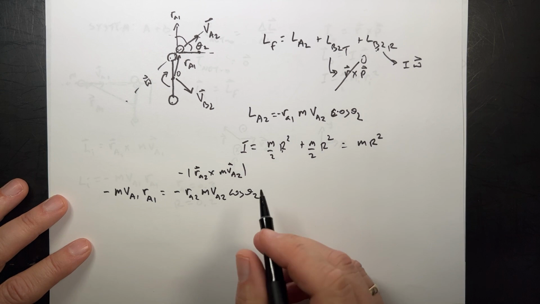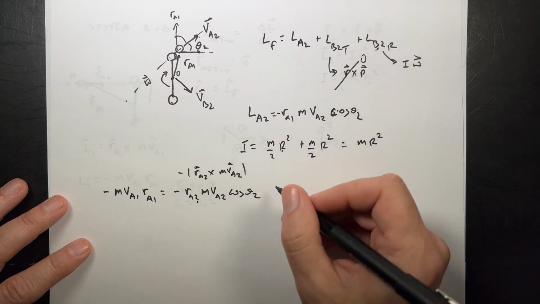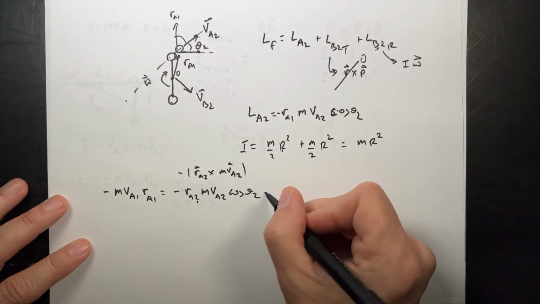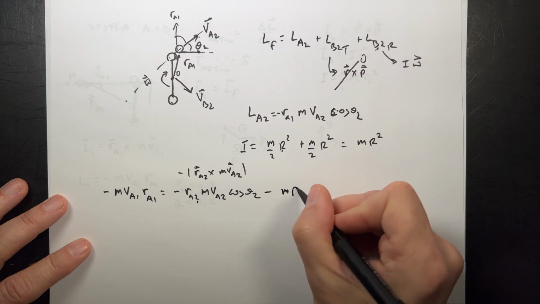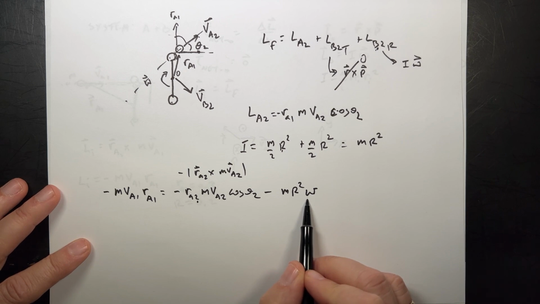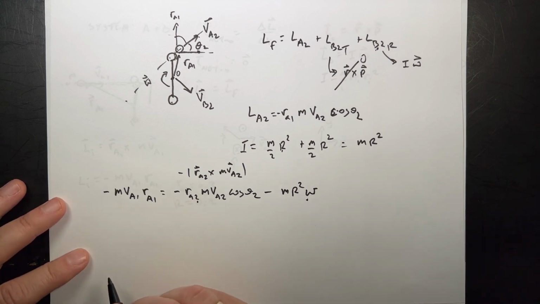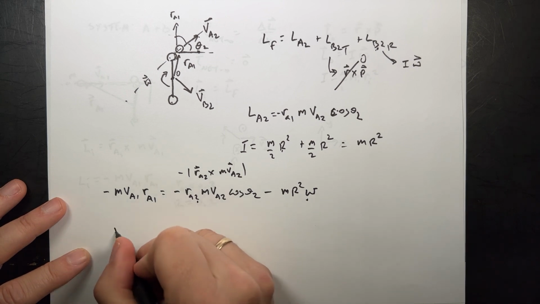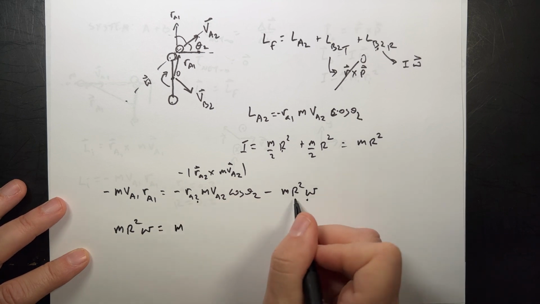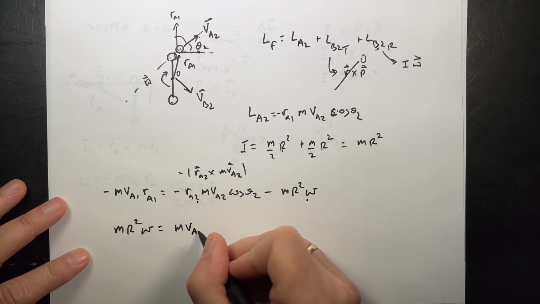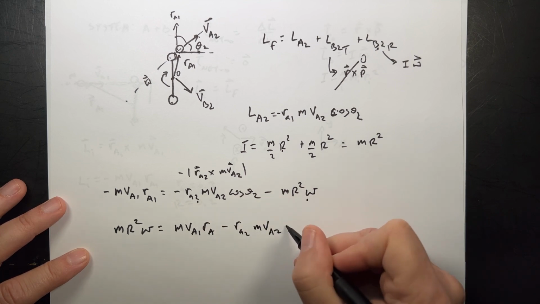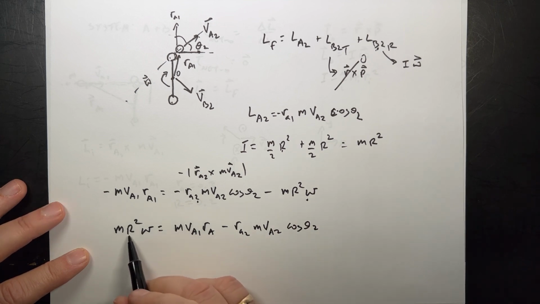So that's that one. And then I have, is this going to be a positive or negative angular velocity? It should be negative also. Negative m r squared omega. And then I want to find omega. So let's add this to both sides. So I get m r squared omega is, so that goes over here, that goes m va1 ra1 minus ra2 m va2 cosine theta 2, and then just divide by m r squared.